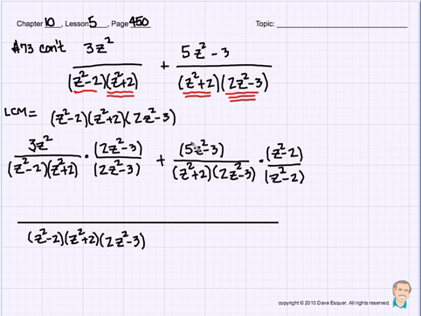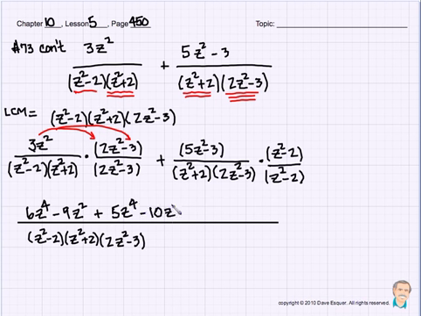And now we're going to have to distribute on the top and do a FOIL on the right side. So we're going to go 3z squared times 2z squared, which is 6z to the fourth, minus 9z squared. All I did was multiply these two and these two. And now we're going to have to FOIL the second part.